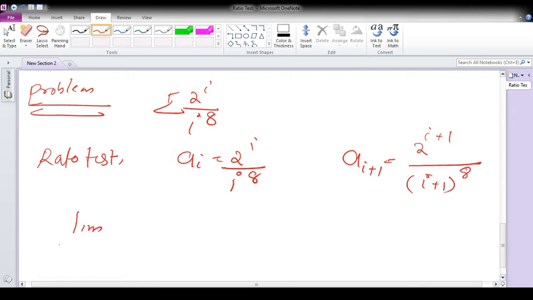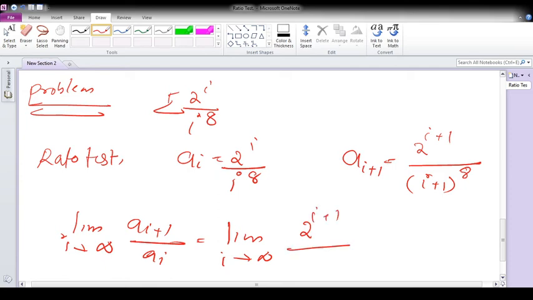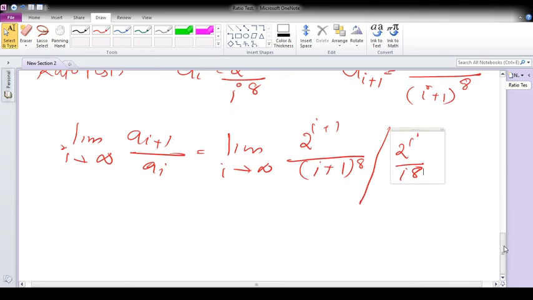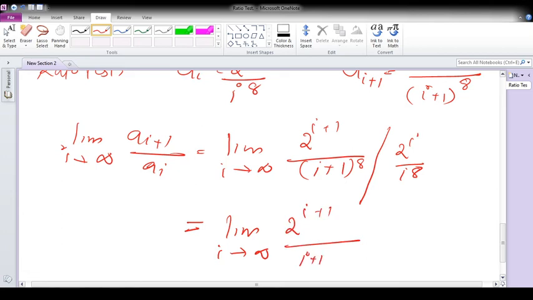Limit as i tends to infinity of a_(i+1) by a_i is equal to limit of 2 power (i+1) by (i+1) power 8 divided by 2 power i by i power 8.